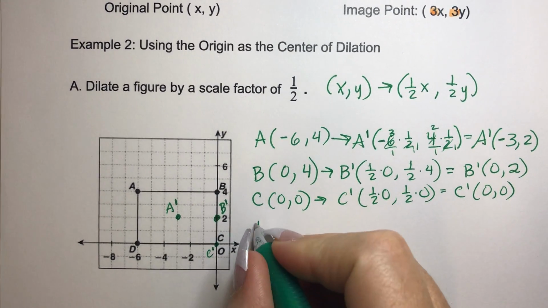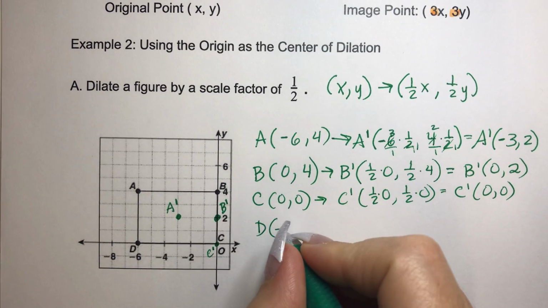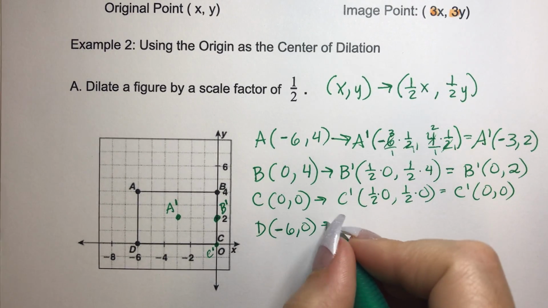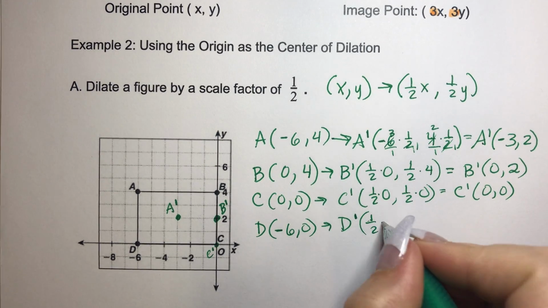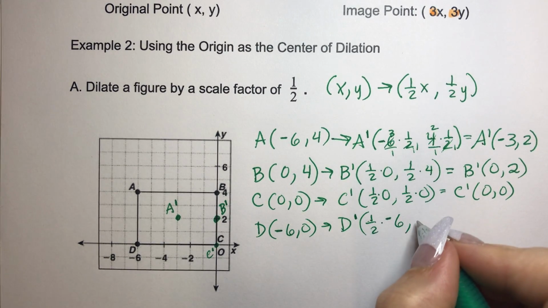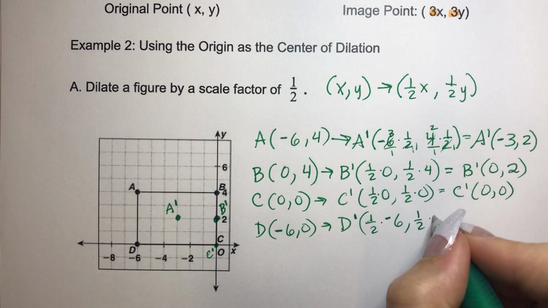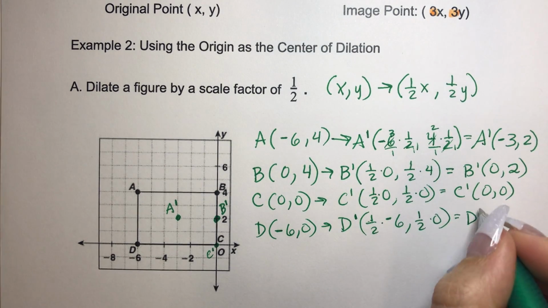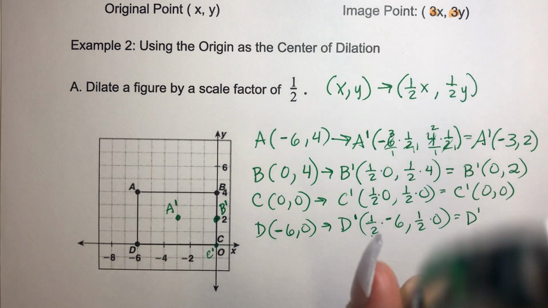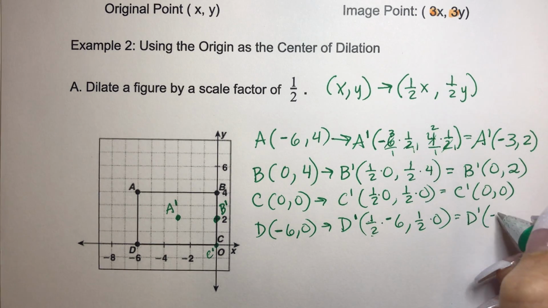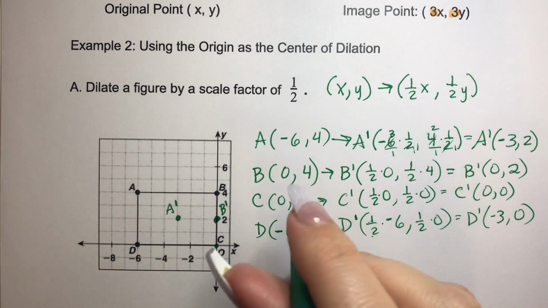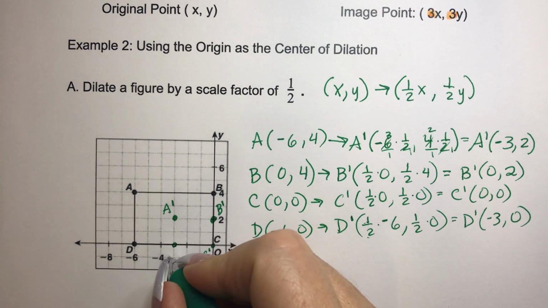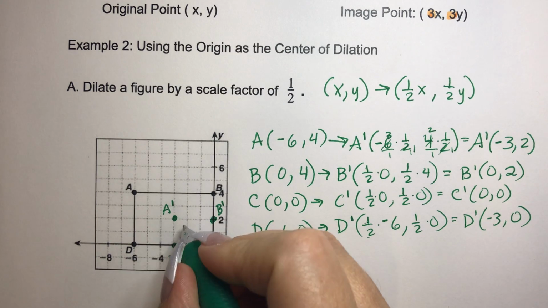But what about D? D is -6, 0. So for D prime, we take each one of these, and the scale factor is 1/2. We end up with 1/2 of 6. Half of 6 would be -3, and 1/2 times 0 is just 0. So D prime ends up being -3, 0.